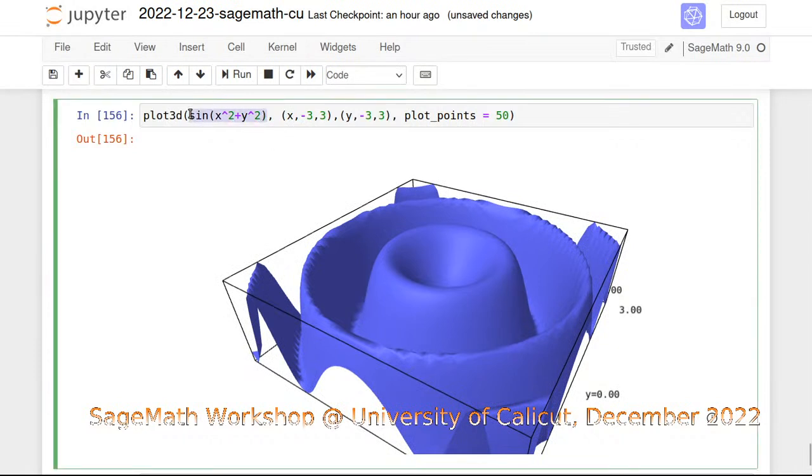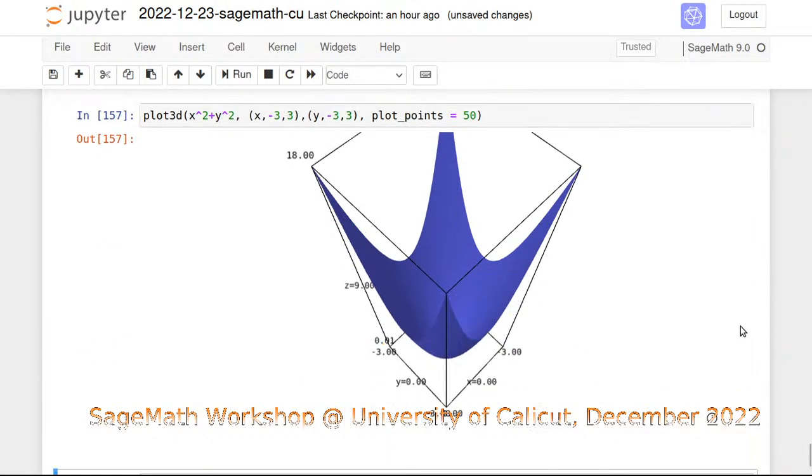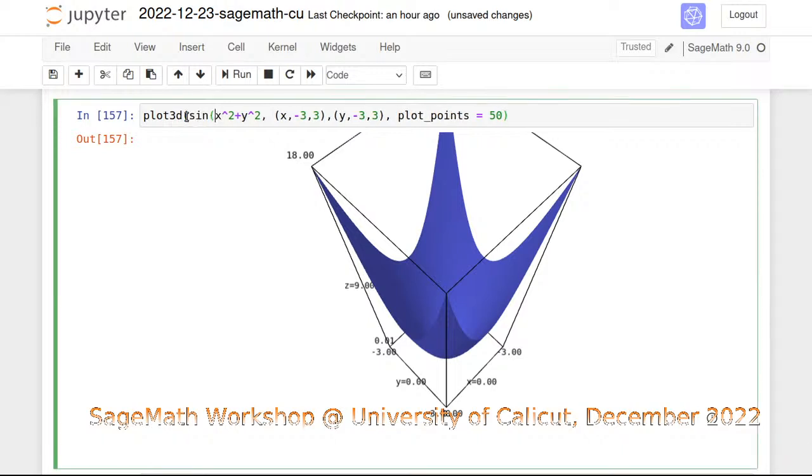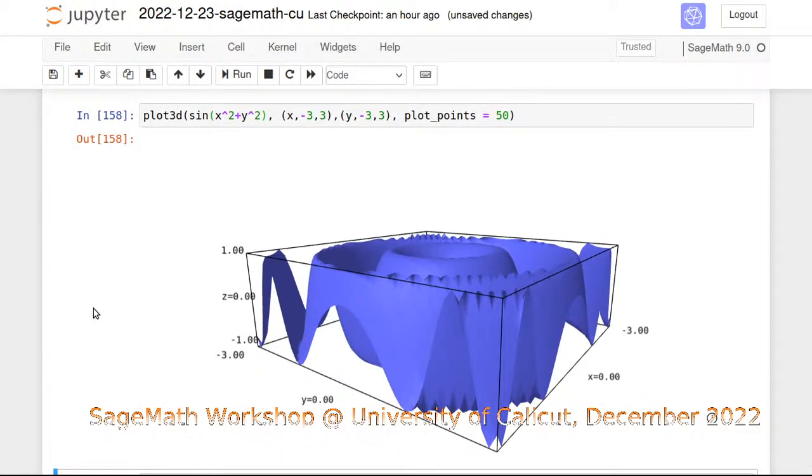Let's say the sphere, not sphere, paraboloid. Or sine of, to see it more visibly. Okay, sin of x square plus y square.